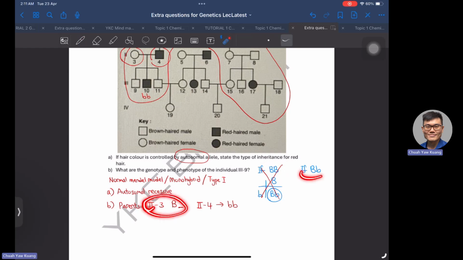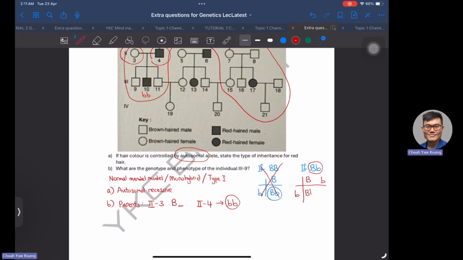Then let's say the individual here is heterozygous and this individual is homozygous recessive, then what would it be? This individual is going to produce two types of gamete, and this individual is going to produce one type of gamete. So when you do the cross, you will see that it is possible for the son to have brown hair.